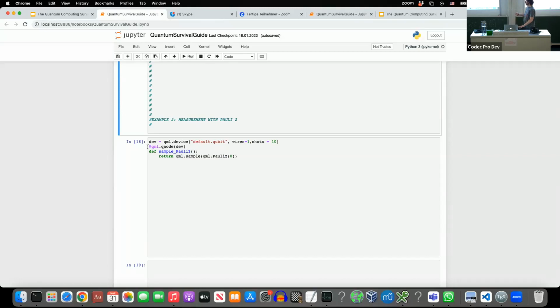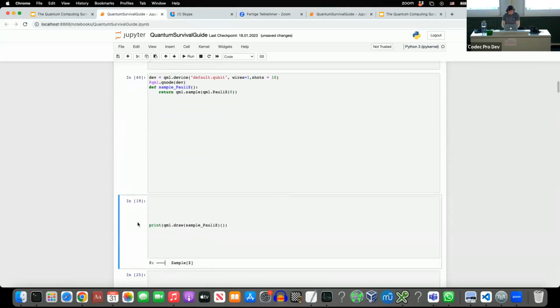And then in the sample Pauli-Z circuit that we defined, instead of just returning the state, we now return a sample with the Pauli-Z observable applied to wire 0. So I will define that.